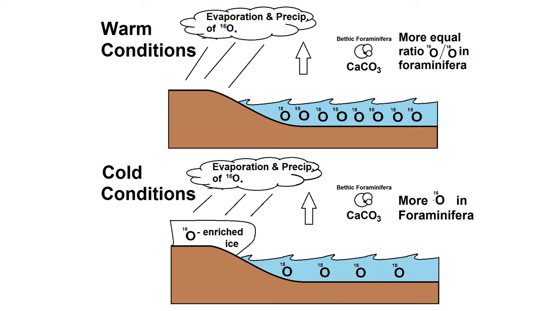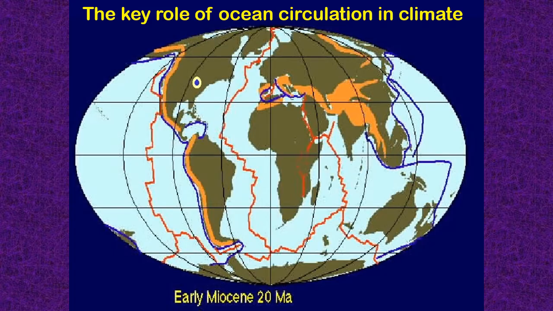That's isotope fractionation. It's the fact that we can separate out these isotopes based on evaporative and precipitative processes, and climate is the big controlling factor. So isotope fractionation doesn't control climate. Climate controls isotope fractionation. So a big part of this, though, is circulation of the oceans.